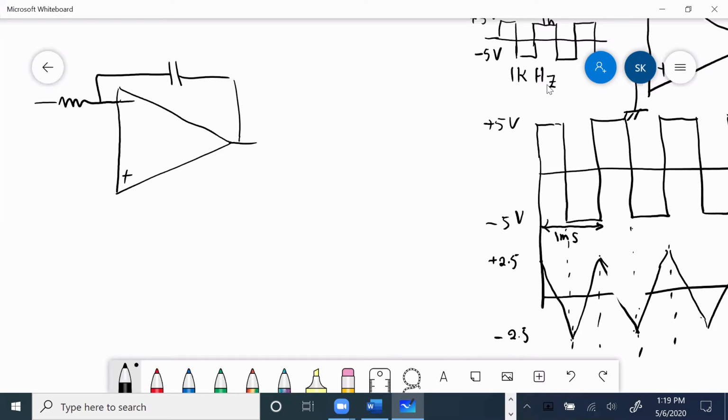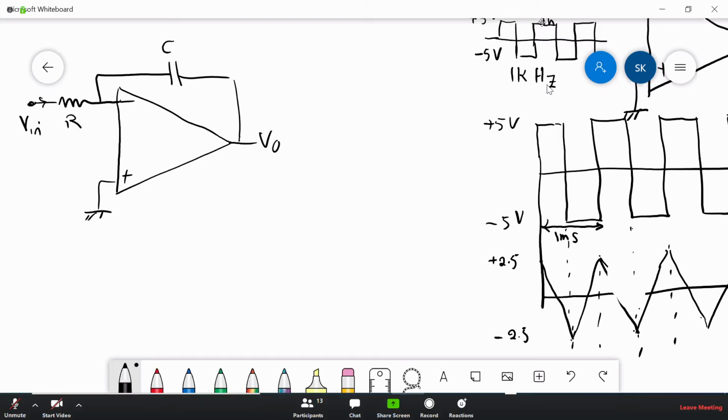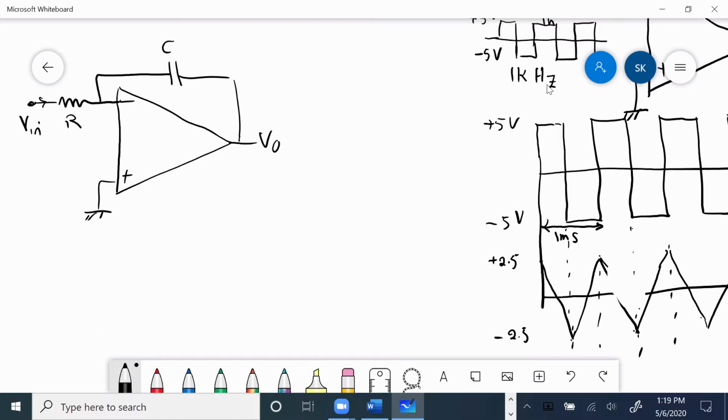That is R, that's V in, that is V out. The I is the same I there.